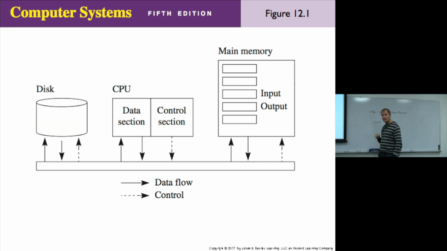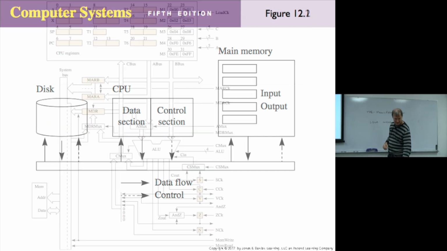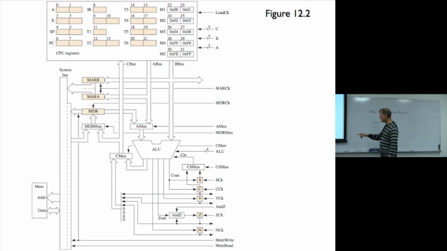That's a really good question. Here, figure 12.1, this dashed line that is going from the control section to this bus, let me show you where those are. You see here at the very bottom, this memwrite and memread, that's those. Because look, where do they go?